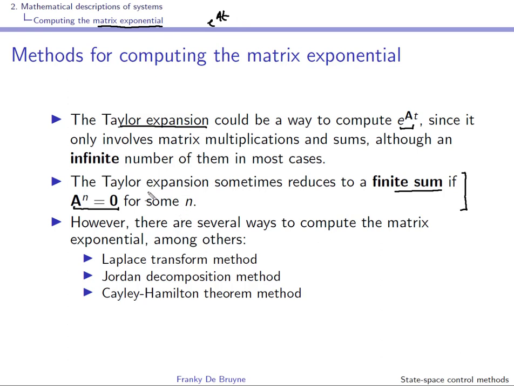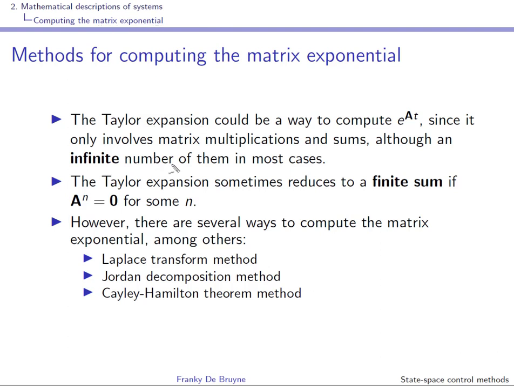If this Taylor expansion cannot be used because there is an infinite number of terms, there are three other methods that you can use. The first one is the Laplace transform method. The second one is the Jordan decomposition method, which involves diagonalization, and the third method is the Cayley-Hamilton method.